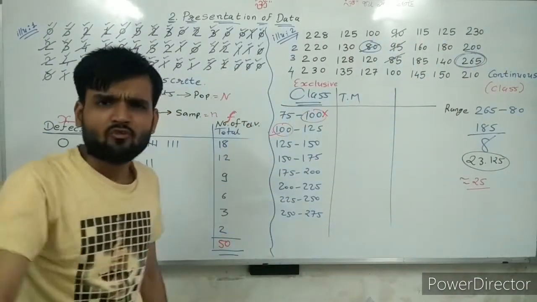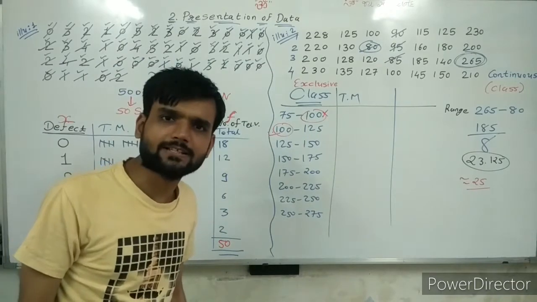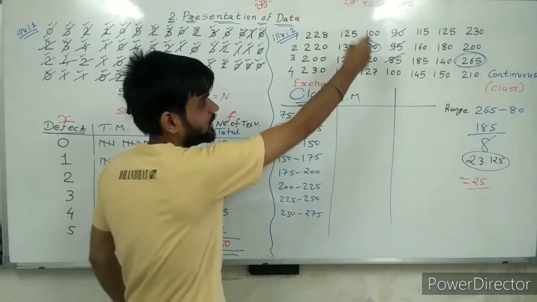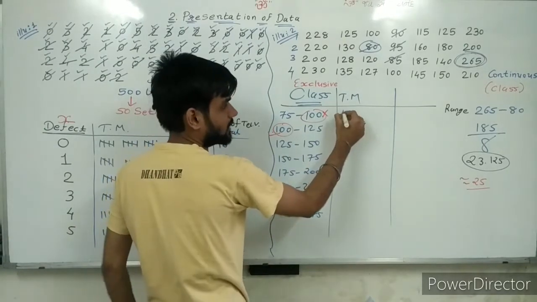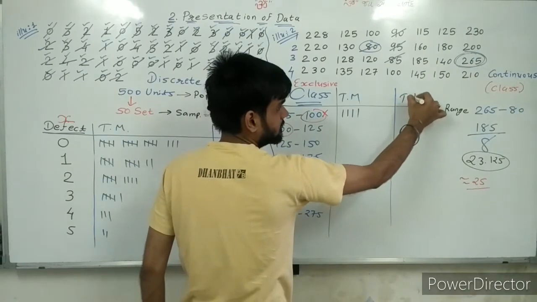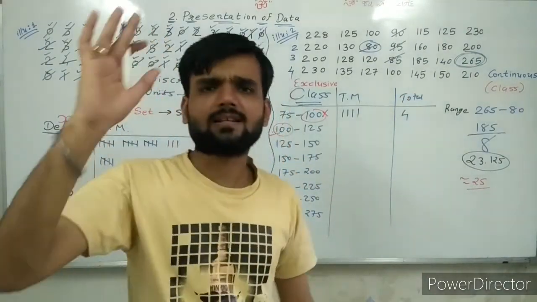That's it. 4 values are there between 75 to 99. So tally marks 1, 2, 3, 4. Total tally 4. So that is my answer.